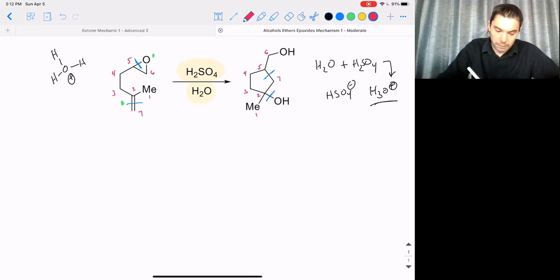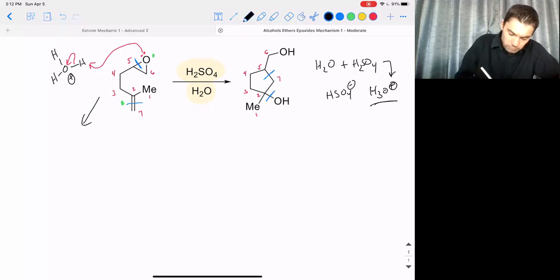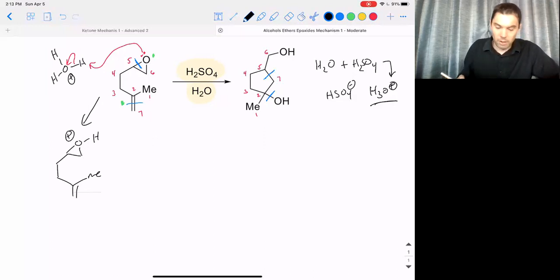I'm going to take the red arrow here for my oxygen lone pairs, and I'm going to have those do the protonation. And so this is a reasonable intermediate to start from.